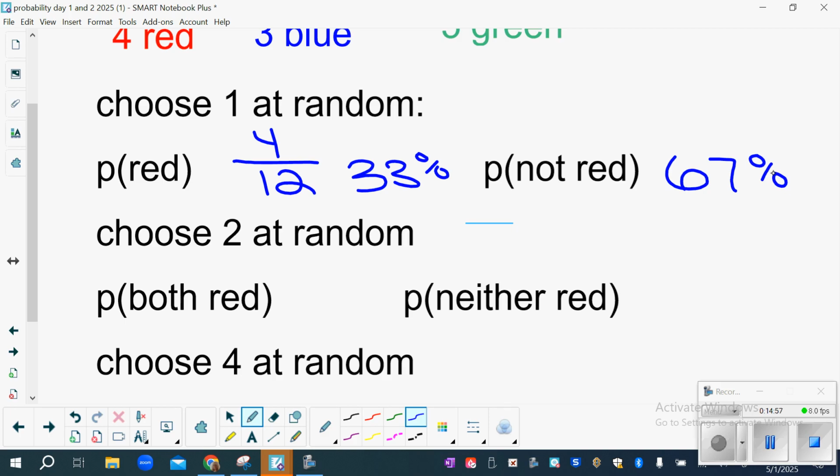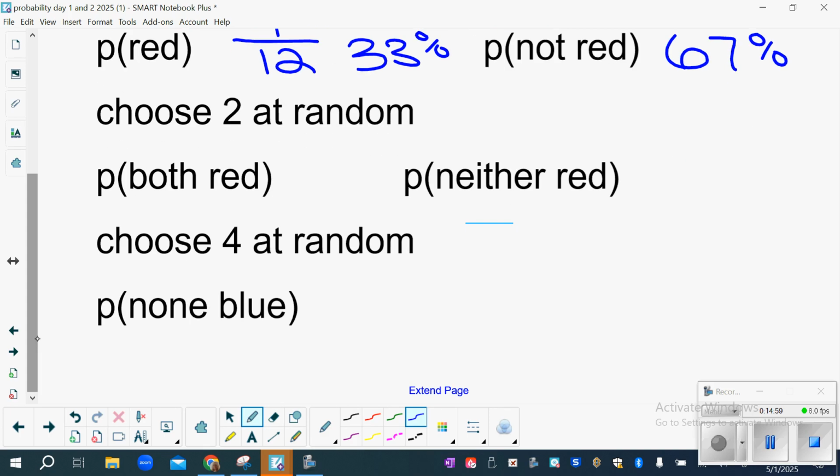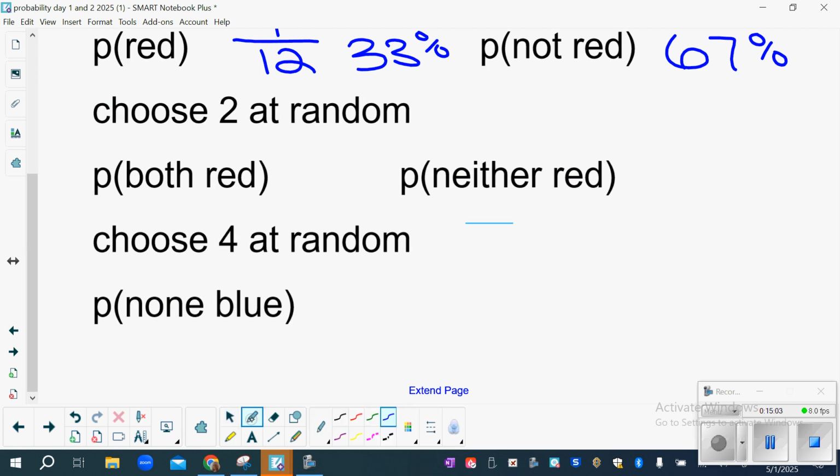Okay, now we're gonna talk our way through this next one. Here we go. We are picking two, but I need everyone to watch this one because this time we're pulling one out and then dropping it over the side. We're not putting it back in. So the first thing is I have 12 marbles and I want the first one to be red. Yay for me. That's going to be 4 out of 12. Have I lost anyone?